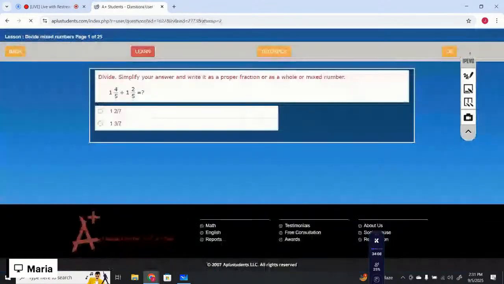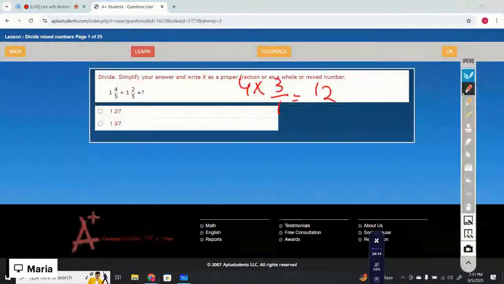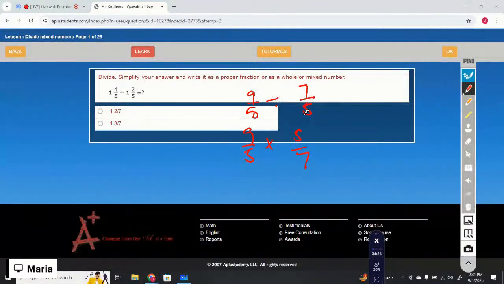Convert both the fractions to improper fractions. 5 times 1 is 5 and 4, 9 over 5. 5 times 1 is 5 and 2, 7 over 5. Replace the division sign with multiplication and take the reciprocal of the term after.